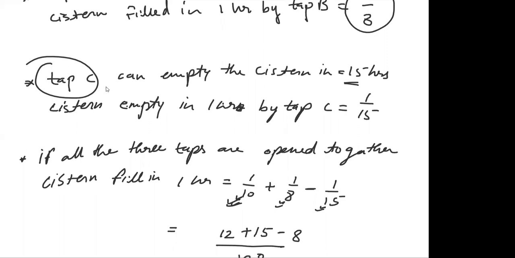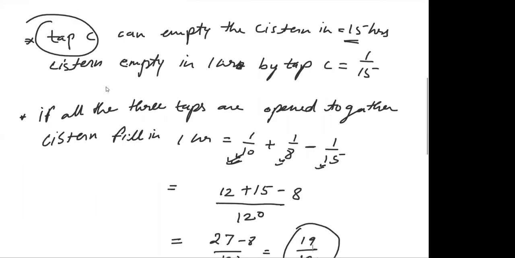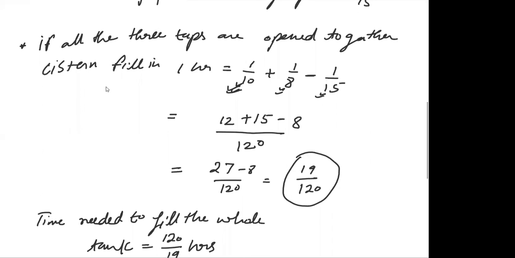Now you will solve it and get what portion of the cistern will fill in 1 hour by all the taps. So time needed to fill the whole tank is just the reciprocal of this fraction. Is it clear to everyone?